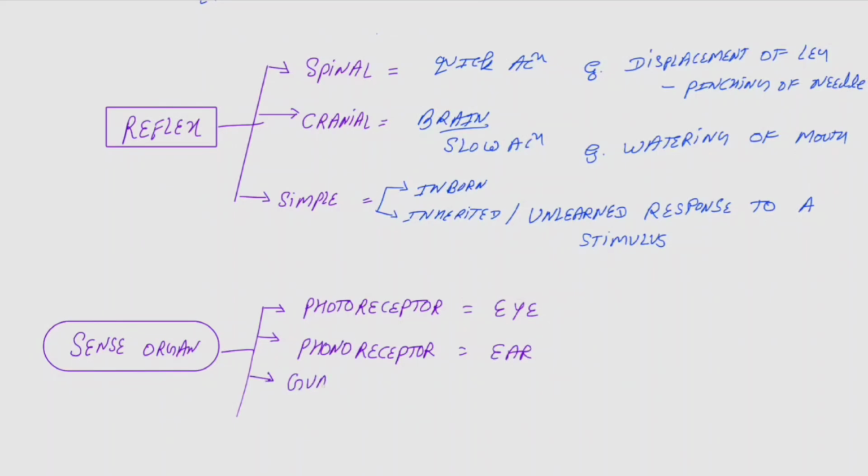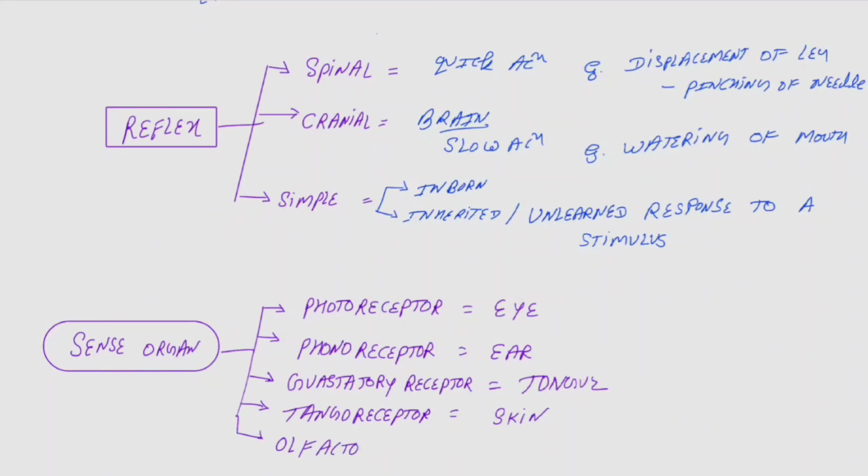Next is gustatory receptor, this is the tongue. And next is tango receptor, tango receptor is the skin. Olfactory receptor, and olfactory receptor is the nose. Eye is the light receptor, ear the sound receptor, tongue the taste receptor, skin the touch receptor, and nose the smell receptor.